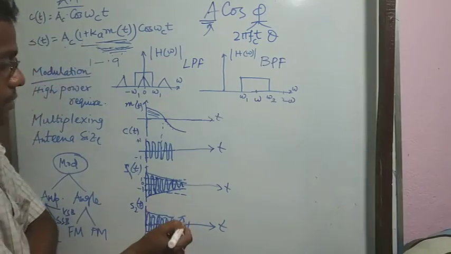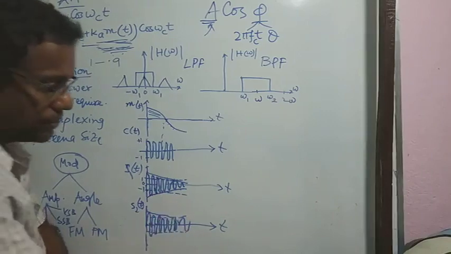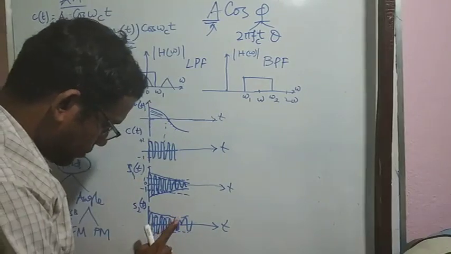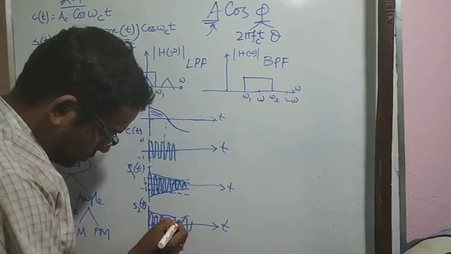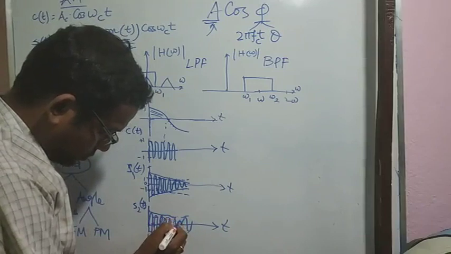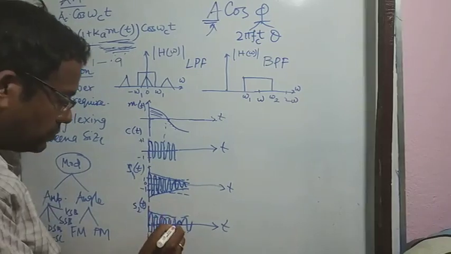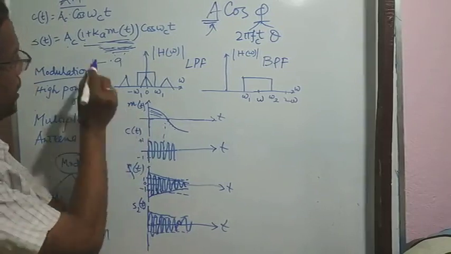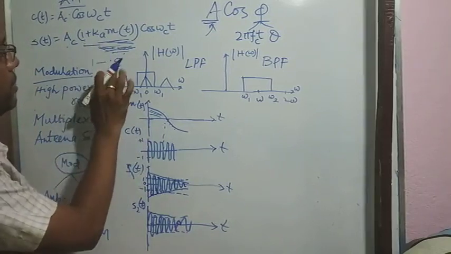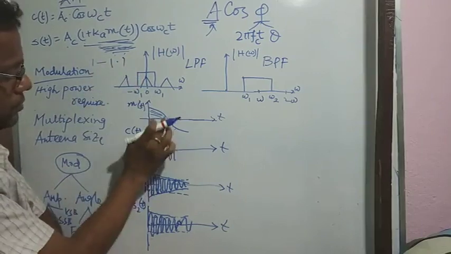But what happened? See very carefully. What happens when this Ka m(t) is minus 1.1 on the negative side?